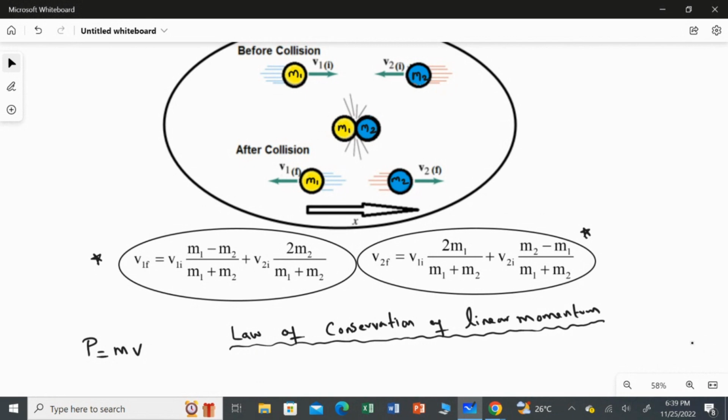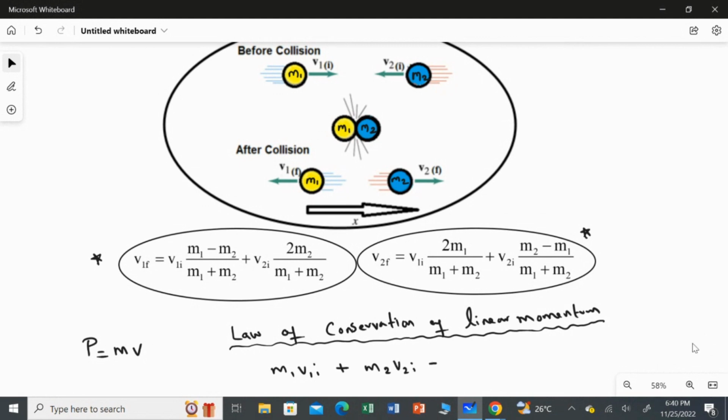If you apply this rule for the first mass, you have to write m1 v1I, right? Plus, because we have to write the before collision case, as well as we have to write the rule for after the collision, right? So now I'm writing the answer for before collision. So what's the linear momentum for the second mass? m2 v2I, right?